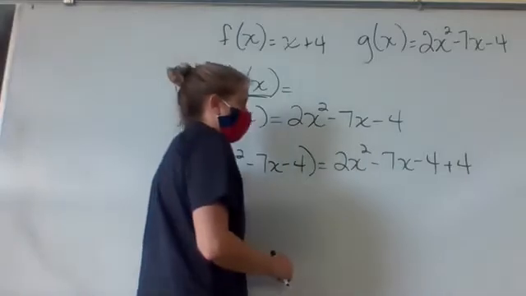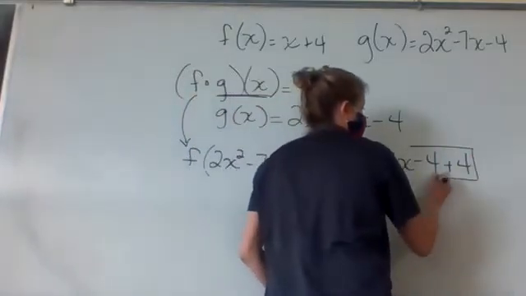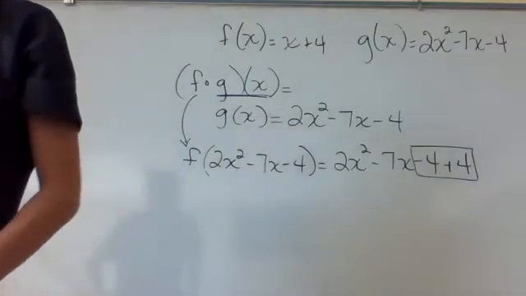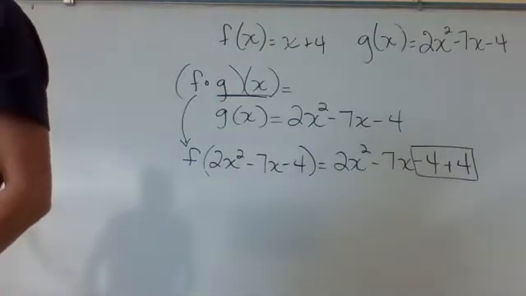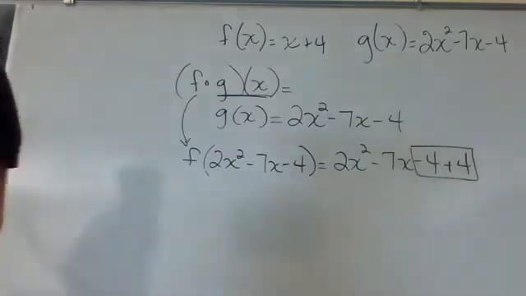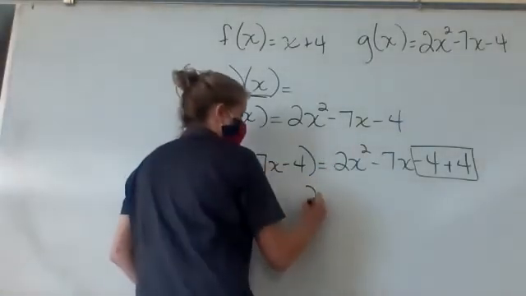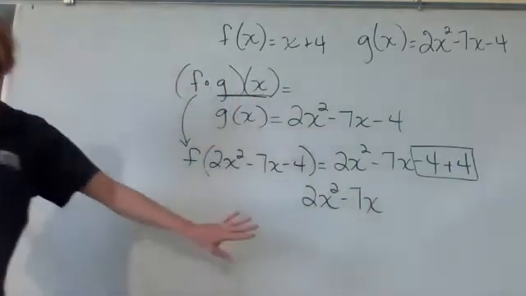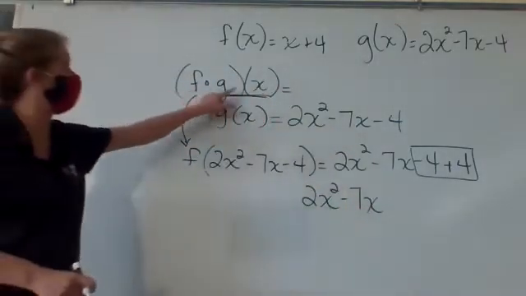Looks like the only things that can combine together are that minus 4 plus 4 at the end. And when I combine them, they just knock each other out, right? So all I'm left with is 2x squared minus 7x. So that's the answer to f of g of x.